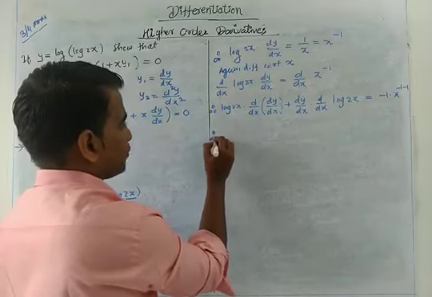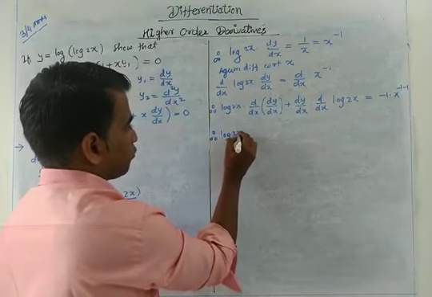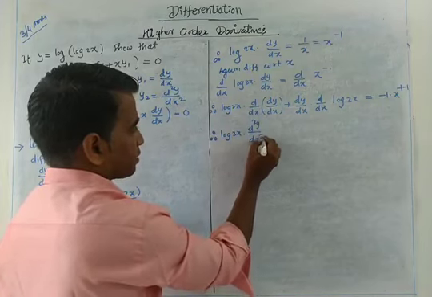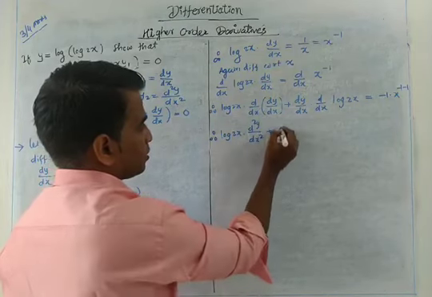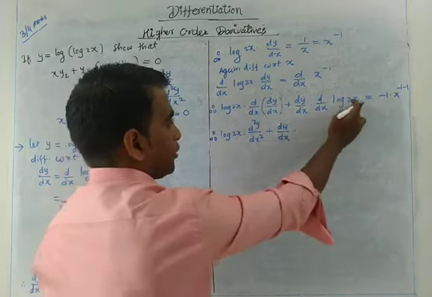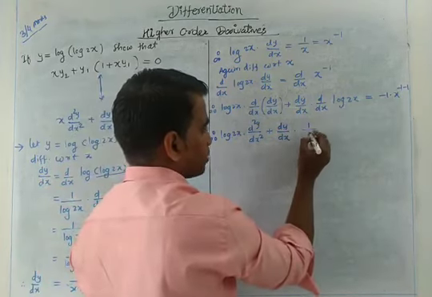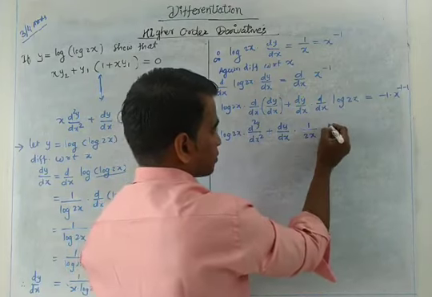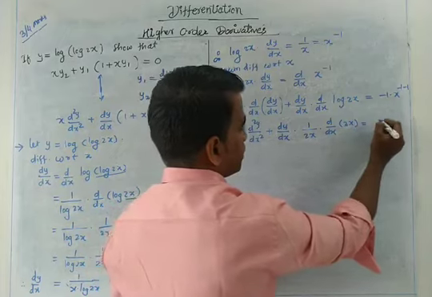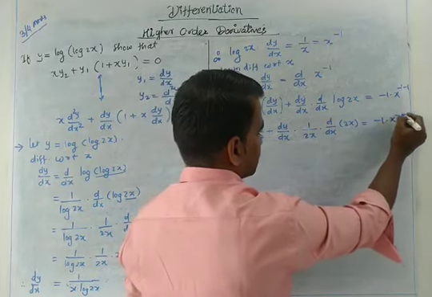Okay, so therefore log of 2x d square y upon dx square plus dy by dx into derivative of log 2x. So the derivative of log is 1 upon 2x into d/dx of 2x, equals minus 1 into x raised to minus 2.